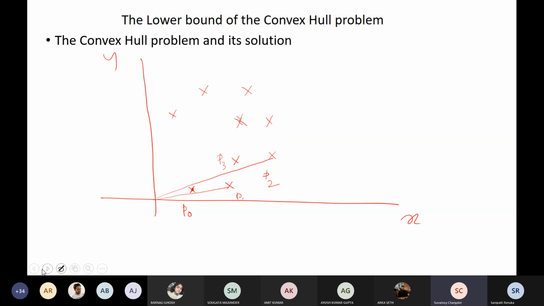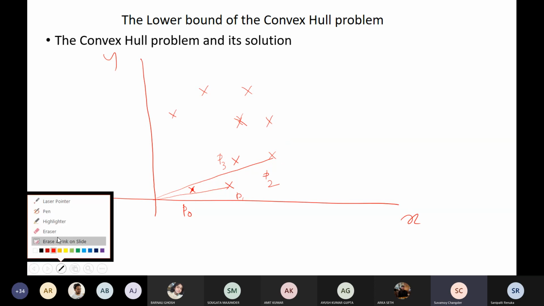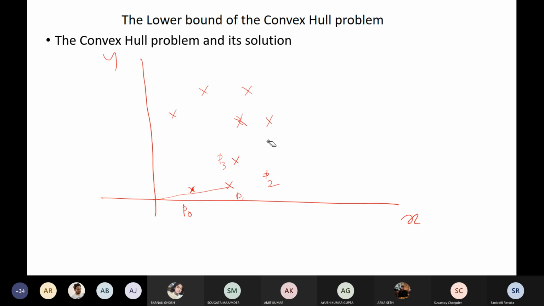Or let us consider another one. Let this is here, then I think it will be a little bit clear. So this is P2, this one is P3 and so on. This is P4, P5, P6, P7 and P8.